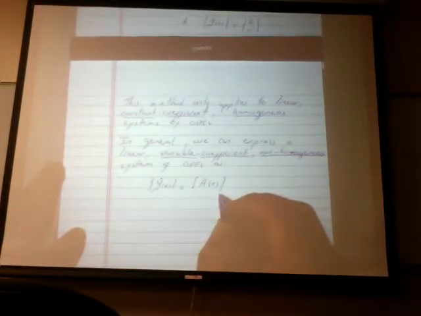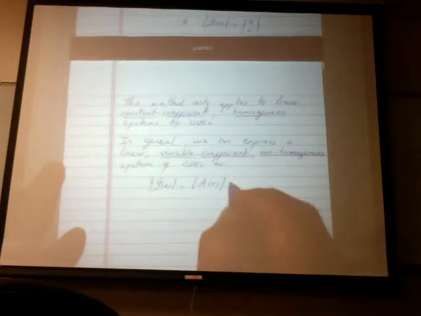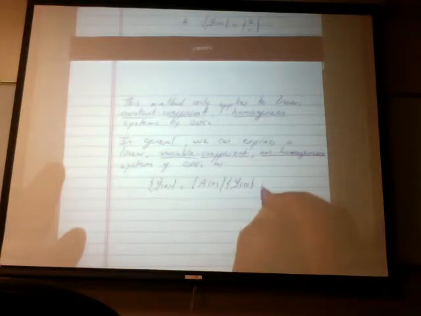If at least one of the coefficients is a function of t, then this no longer is a constant coefficient equation or system of equations, plus the independent terms g of t, which makes the equation non-homogeneous. So if at least one of these is non-zero, even if it's just one, and even if it's just a constant, then the whole system is no longer homogeneous.